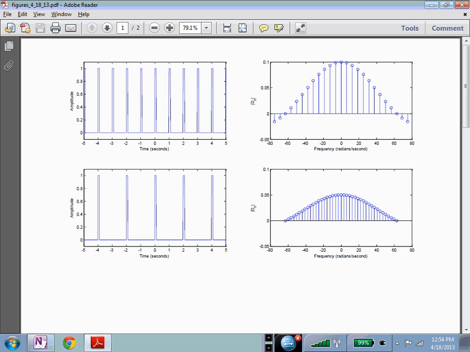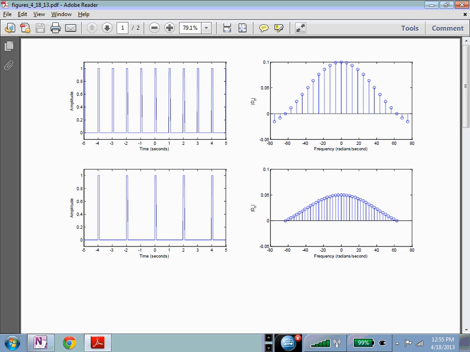Here in the top row, it's 1 second intervals. That's our period. In the bottom row, I've simply doubled that. I've made our pulses every 2 seconds. And what happened to our lines in the frequency space? Now they have become more dense, haven't they?